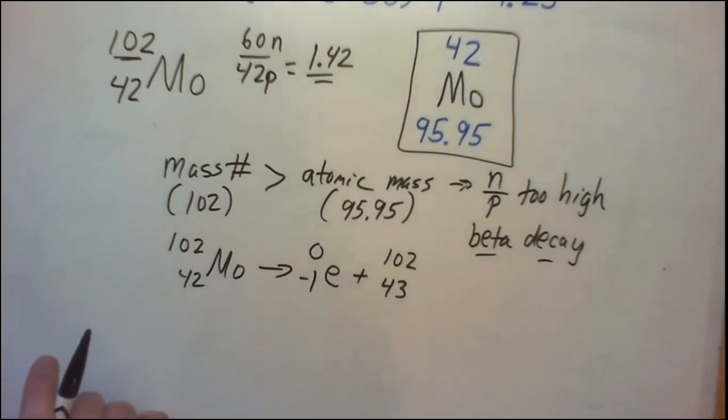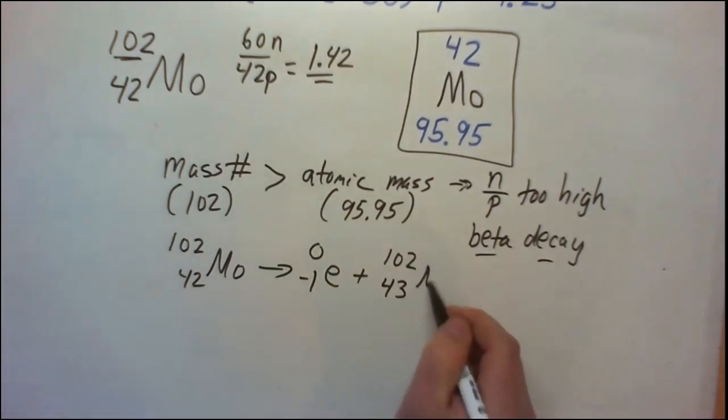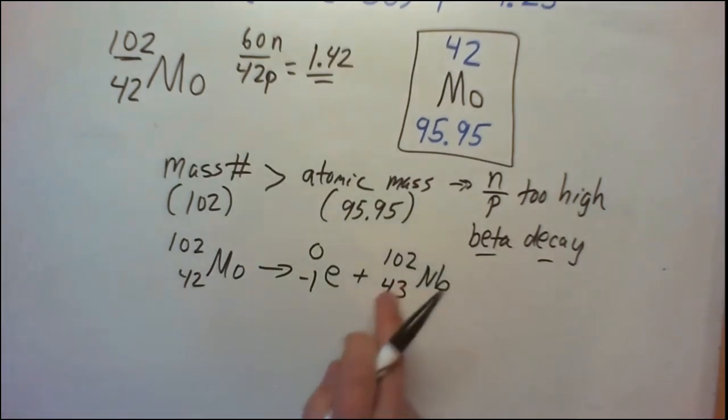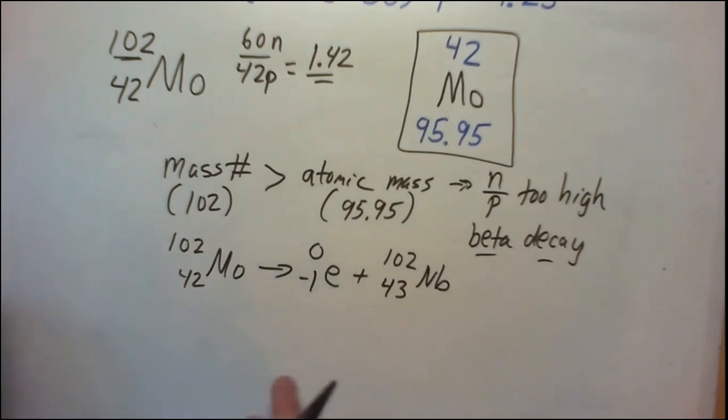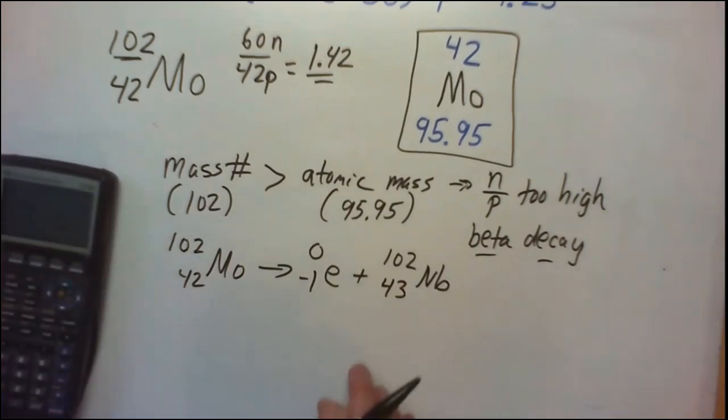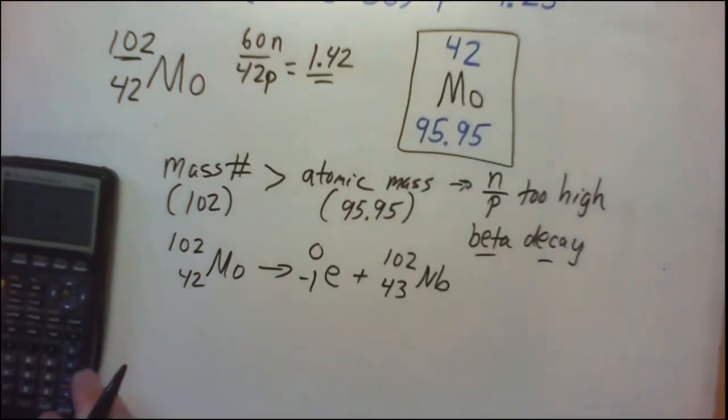And 43 means that it's going to be Nb for niobium. In niobium 102, it has a neutron-proton ratio that should be lower. It should be much closer to a stable ratio.